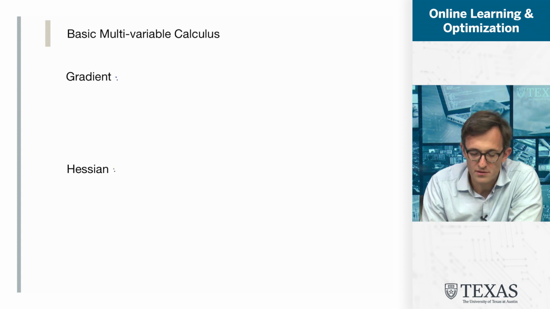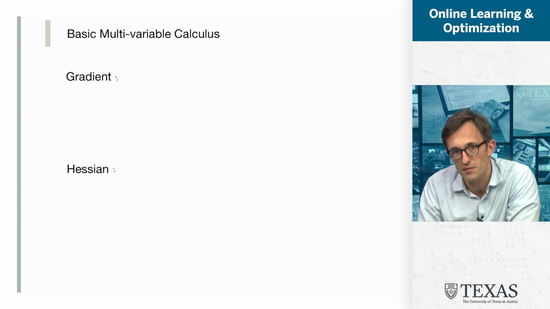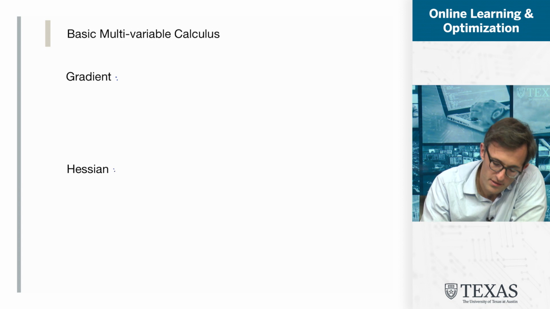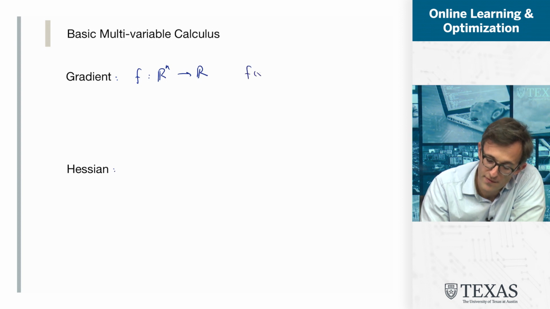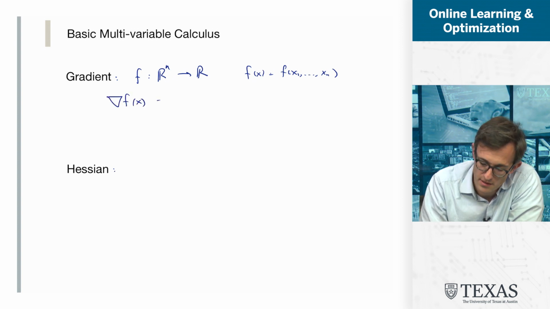And finally, we need two simple generalizations of the first and second derivative. So if f, again, is a map from Rn to R, in other words, f of x is equal to f of x1 to xn, then the gradient of f, which we've already seen a number of times, is just the vector of partial derivatives.